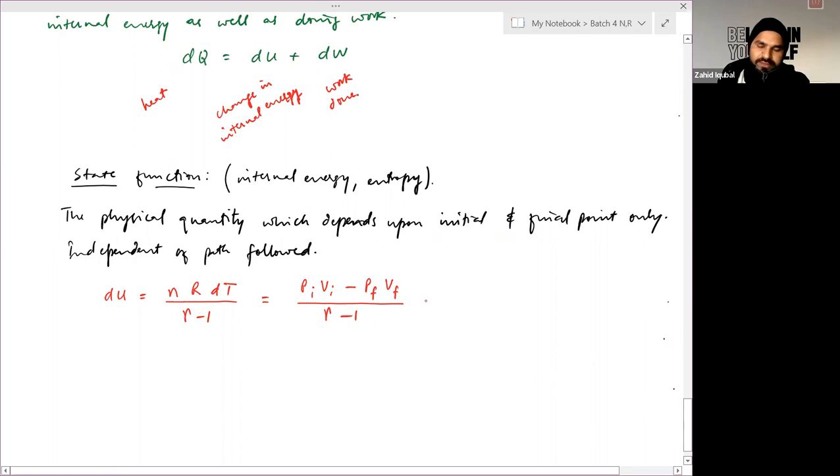In terms of degree of freedom, you may use half into degree of freedom, number of moles times R into change in temperature dT. Is it clear? So these are the formulas to calculate change in internal energy related to the given condition in the question.